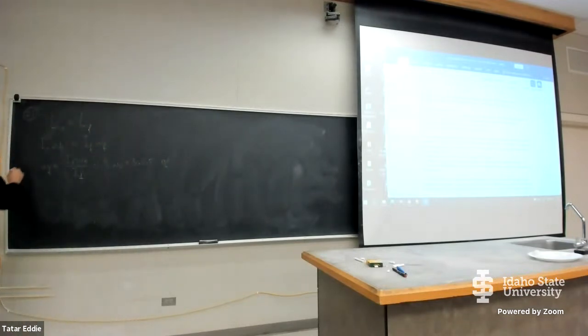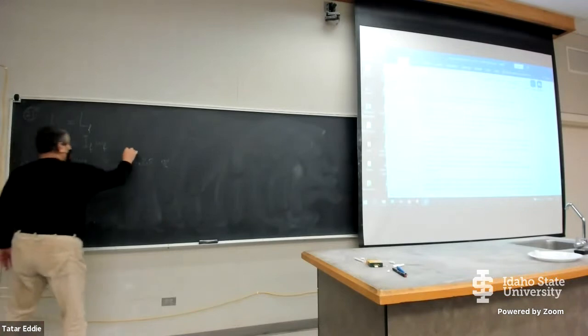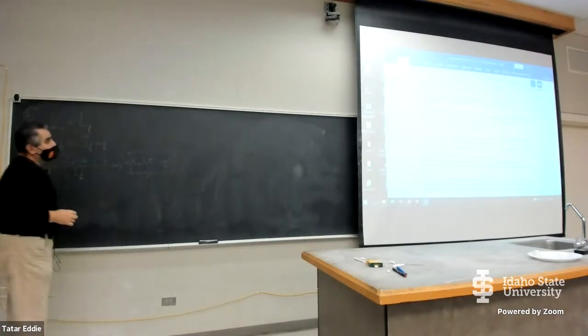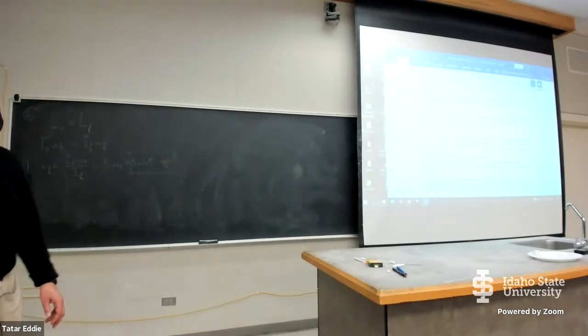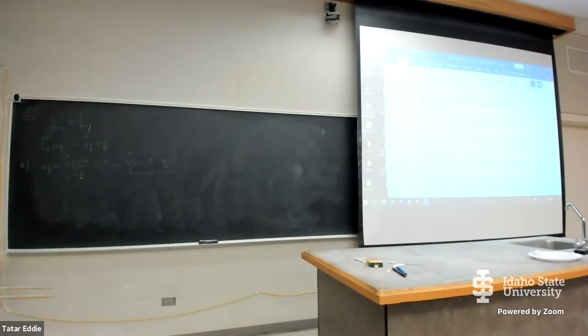So this is part A. Okay. But it is very simple. It is just keeping a certain product constant. Part B, what is the ratio of final to initial angular momentum?